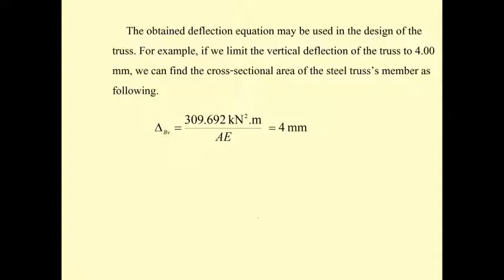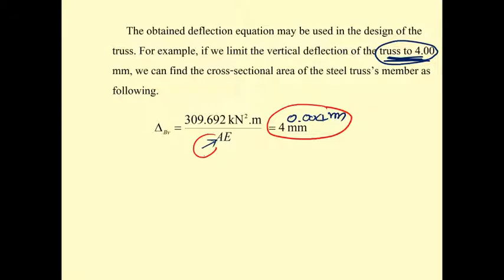Before going to the BH, they are asking us, if they would like to control the deflection, to limit it, not 5.2, just limit it to 4 millimeter, or limit it to just this 1 meter. They ask us to determine the A. So the concept is they're going to limit the deflection, so the A is going to be larger.